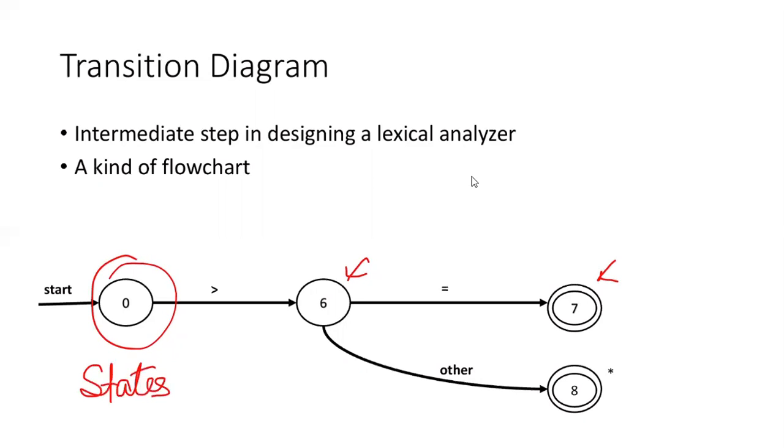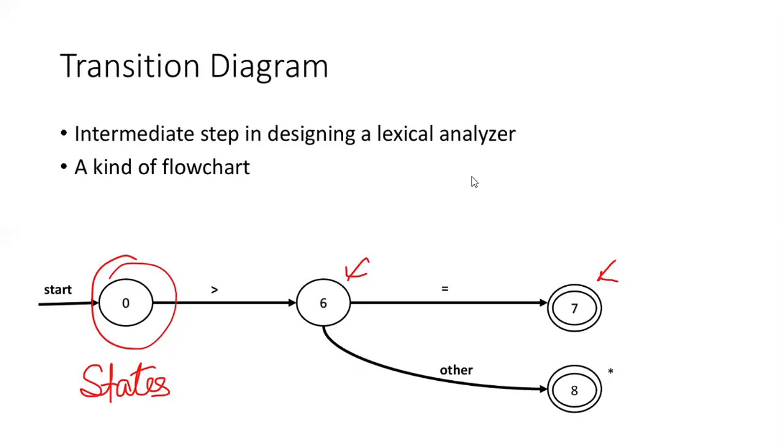If you have already studied a course on theory of computation, you will recognize these transition diagrams. A state in a transition diagram represents whatever input you have already seen between the lexeme begin pointer and the forward pointer. These two pointers we have discussed in the input buffering lecture, so you can go back and check it there.